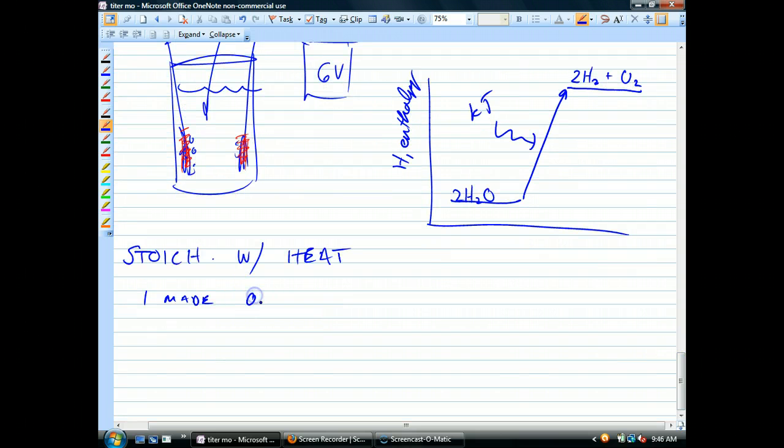Let's say I made 0.010 moles of O2 gas. 1/100. I don't even think I made that much, but let's say I made that much O2 gas. How much energy was required to do so?